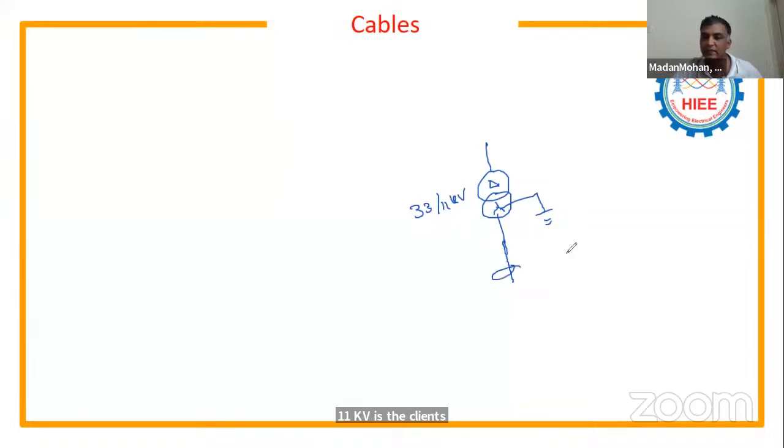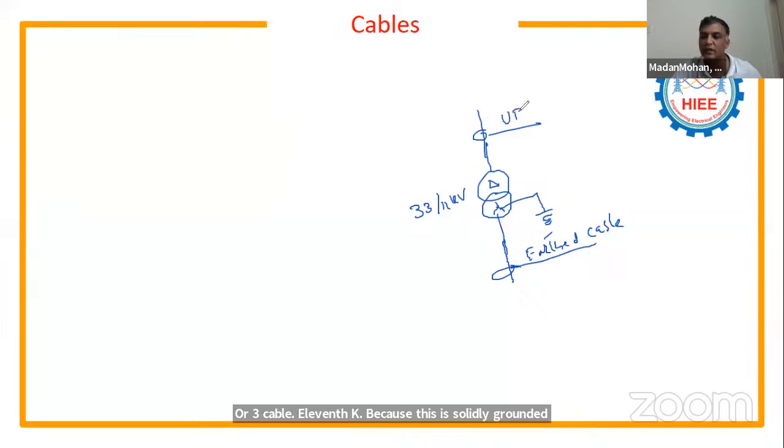So here you can go with the earthed cable on the 11 kV side, because this is a solidly grounded system. But on the 33 kV side, you have to go with the unearthed cable, because the delta side is not connected to the ground. It's a very simple example to make you understand.